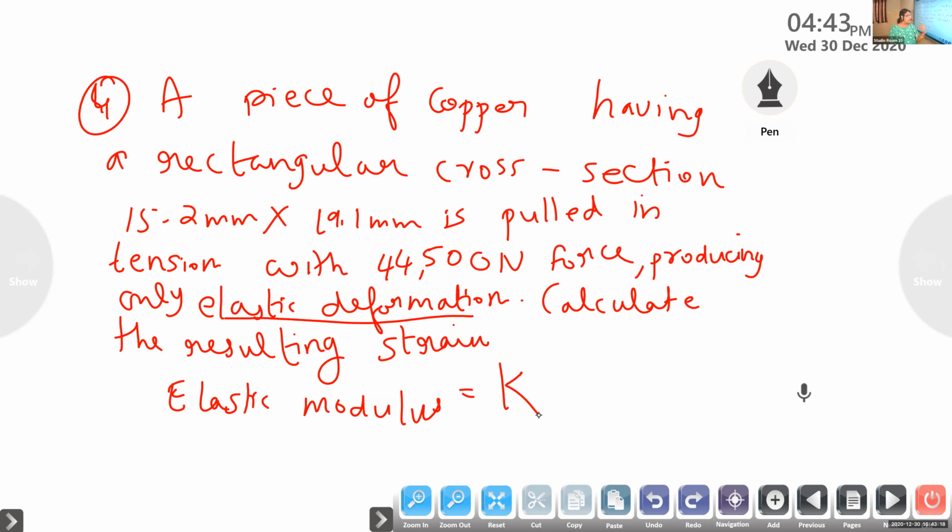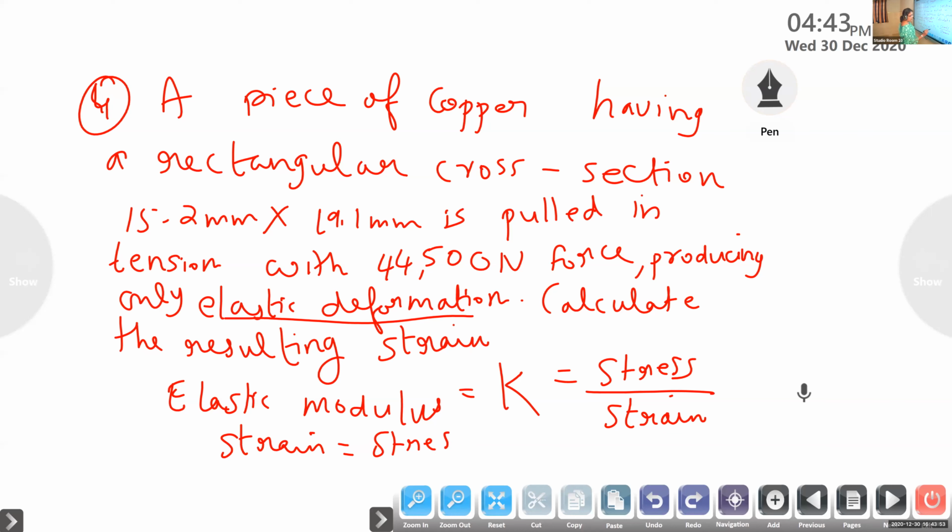So here stress we have to find out. Once you found the stress, you can find out the resulting strain. So it's not asked for rigidity modulus. Okay, so we can just come with only the common equation. So we can write elastic modulus K is equal to stress by strain, or we use sigma by epsilon, stress by strain. Therefore, the resulting strain is equal to stress by modulus.